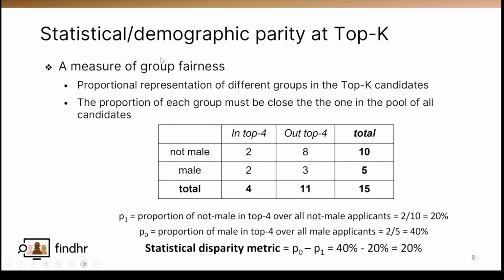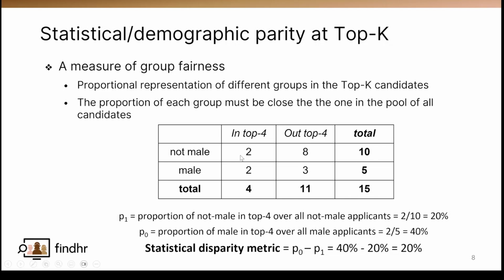One way to measure fairness is this statistical parity, which requires that the fraction of the two groups in the top K is representative of the fraction of the two groups in the applicant pool.